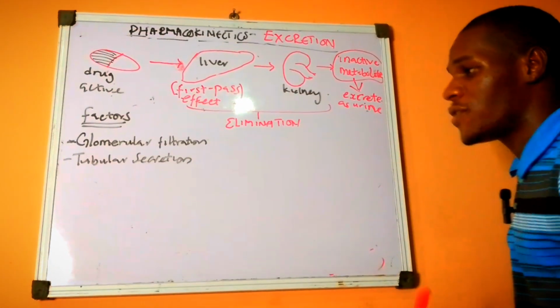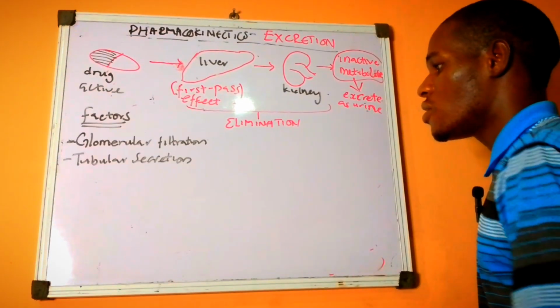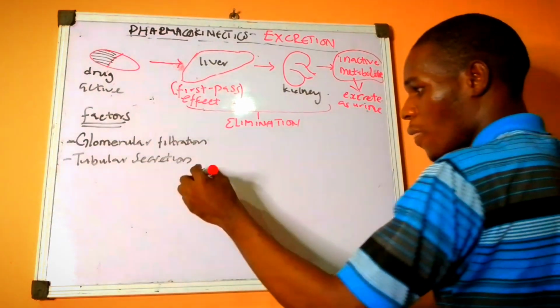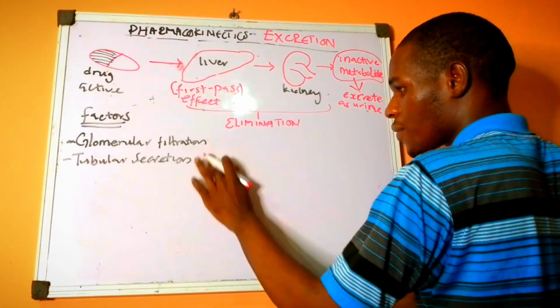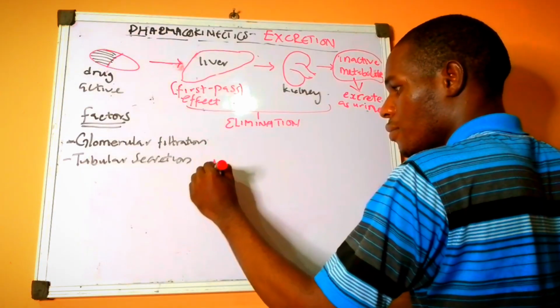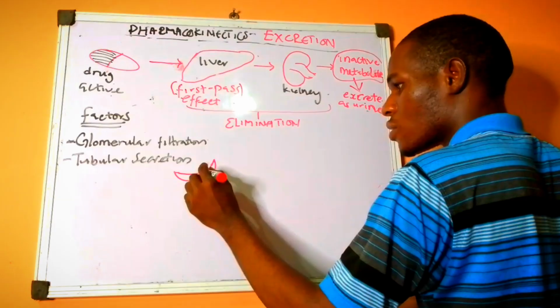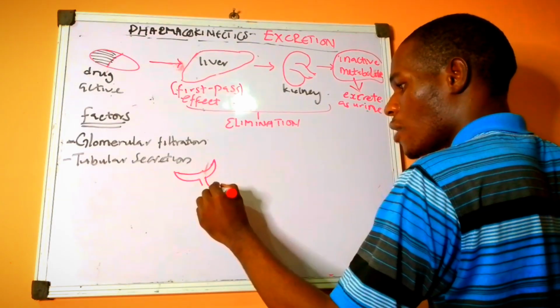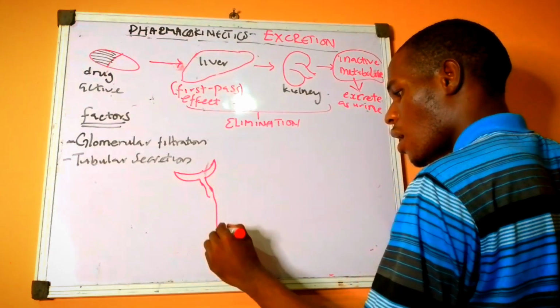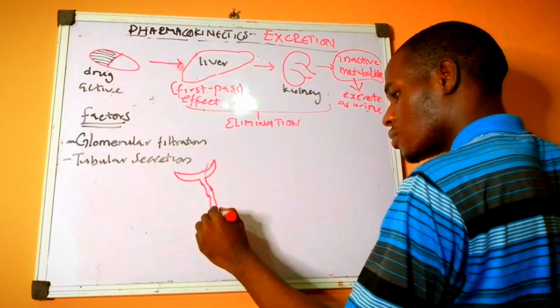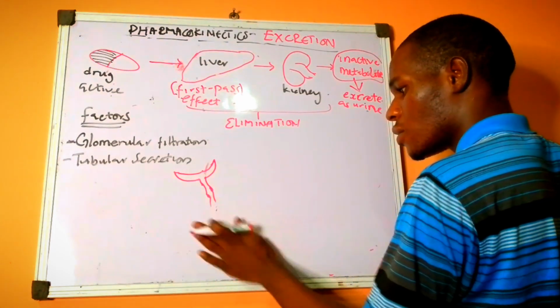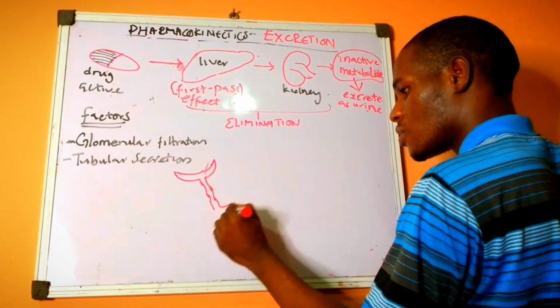I'm not teaching physiology, I'm teaching pharmacology, so a simplified diagram will do. Now I have the glomerulus. I have my Bowman's capsule. I have my nephron.